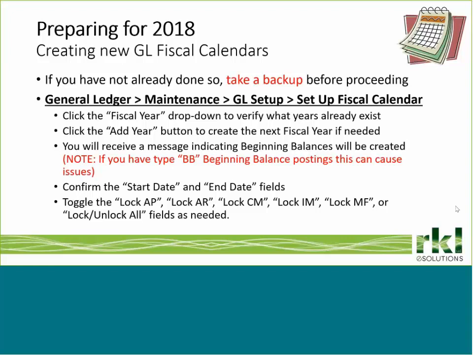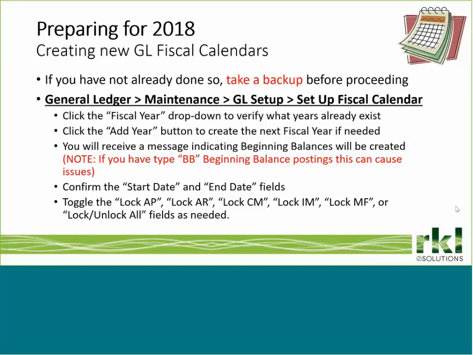Once you've got the periods defined the way you want them, if you go ahead and click on either Save or Save and Finish, you might get a message that the beginning balances will be created. You should get a message that the fiscal year will be recalculated.